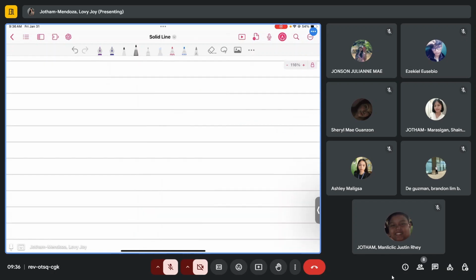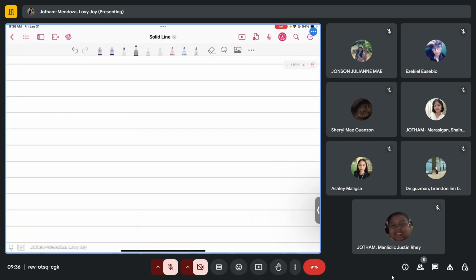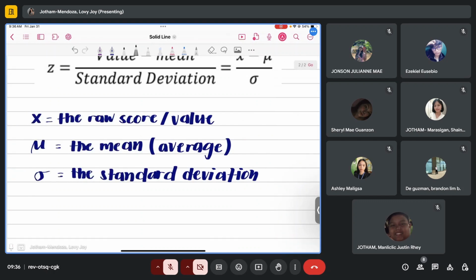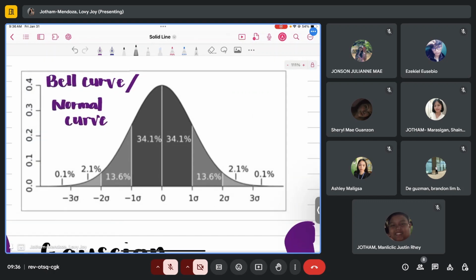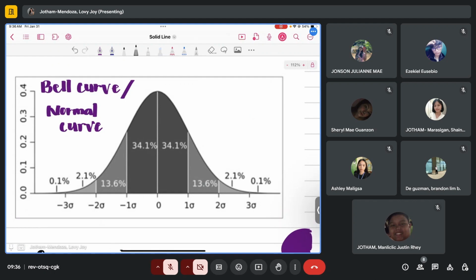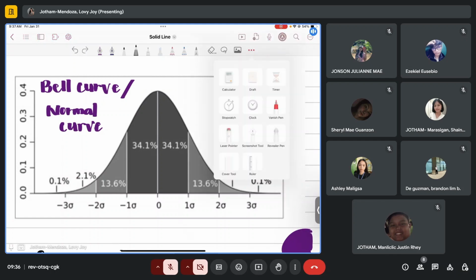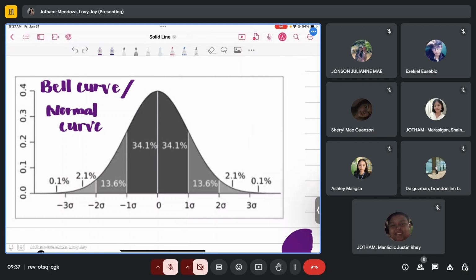So let's proceed to understanding regions in the normal curve. The left-tailed region is values less than a certain z-score, and the right-tailed region is values greater than a certain z-score.